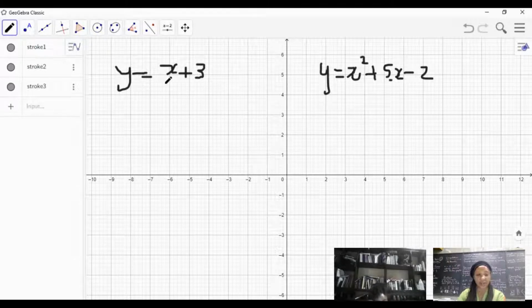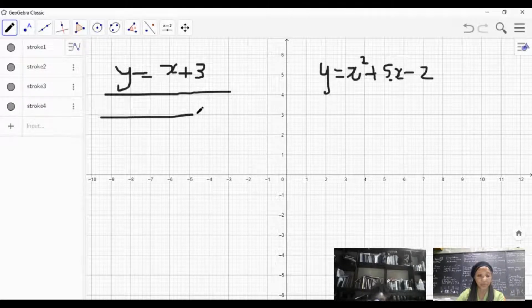So for the linear, if you're not given a domain, so if you're not told what your x values should start and end with, you could choose your own domain. So we'd set up a table which would have our x values, and let's say throw in some negatives and some positives.